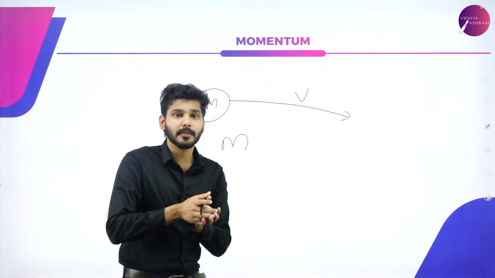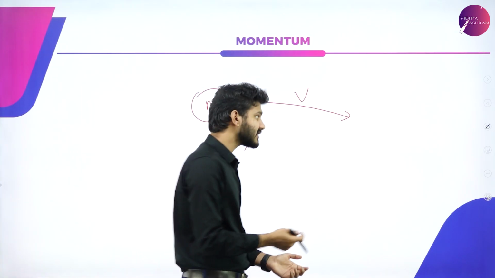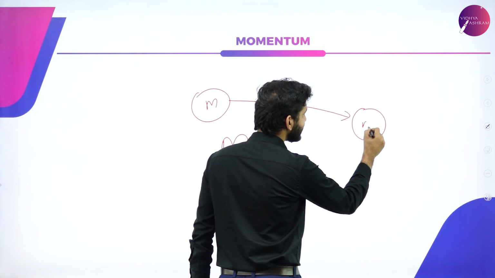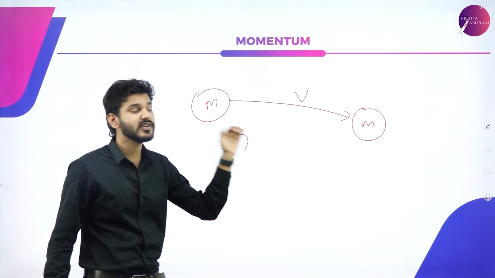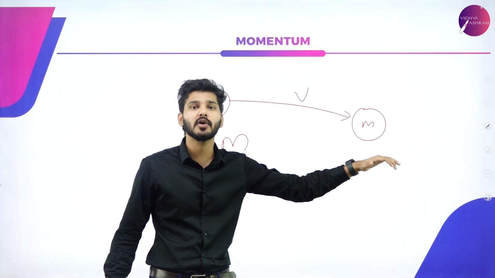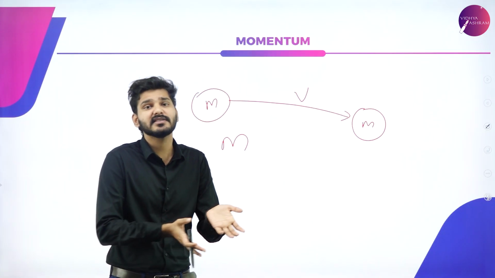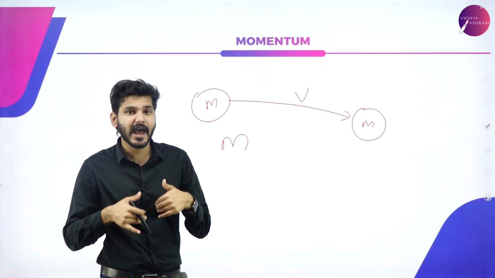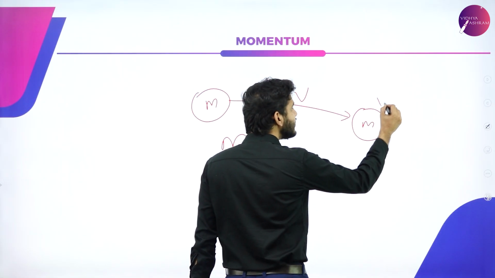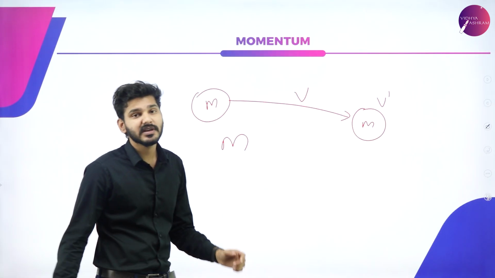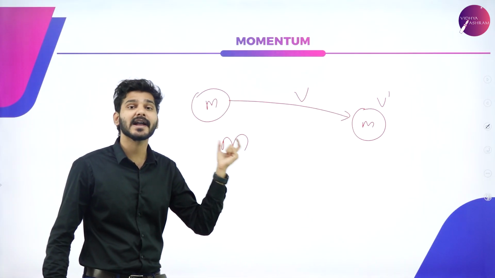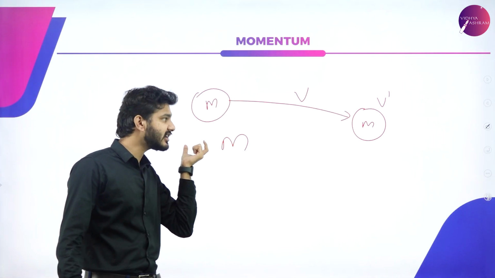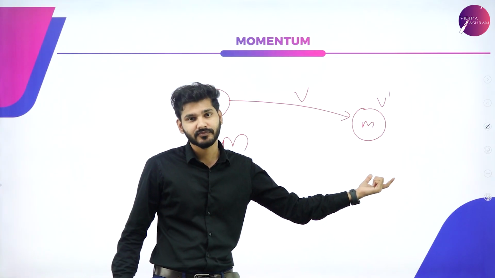But once you catch the ball, what happens? The mass of the cricket ball still remains the same. It is still m. But what happens to the velocity? It decreases. If it initially came at 10 meters per second, now it's at 0 meters per second, or maybe it's at 2 meters per second. So the velocity actually changes, which means there is a change in momentum. Momentum actually changed from an initial value to a final value.